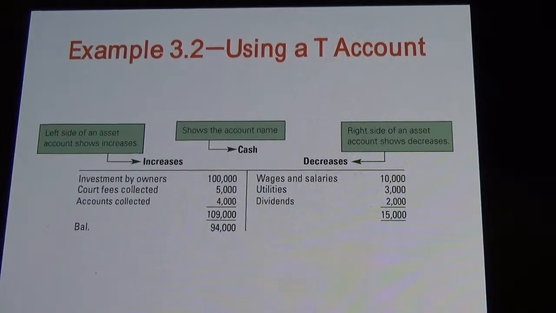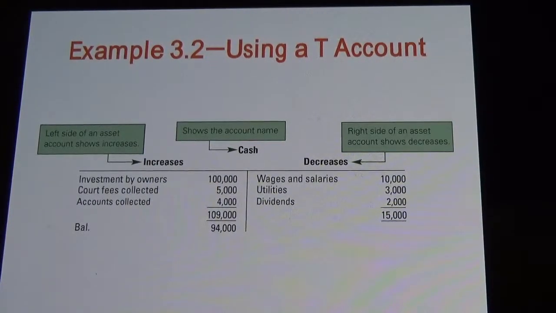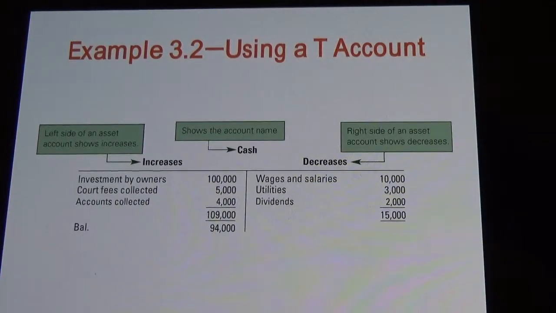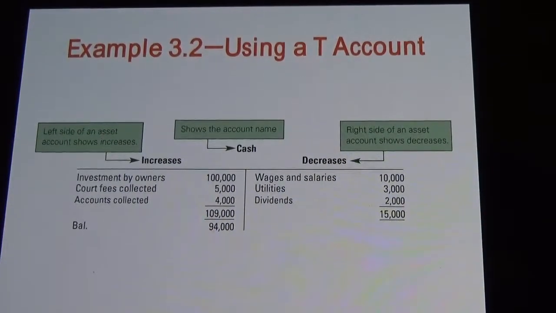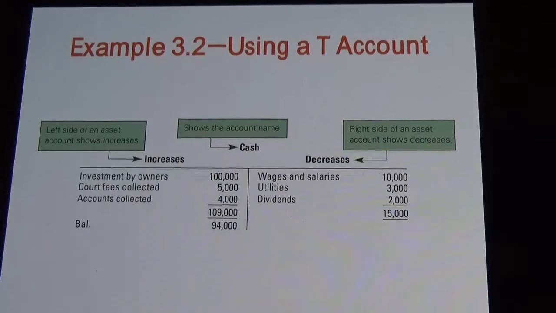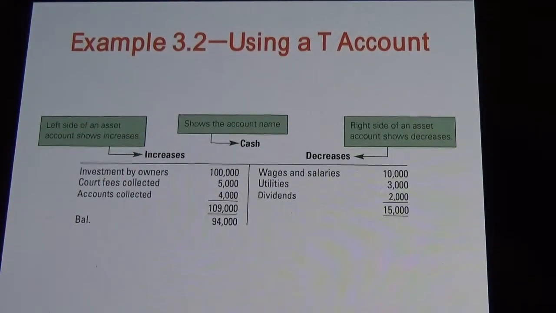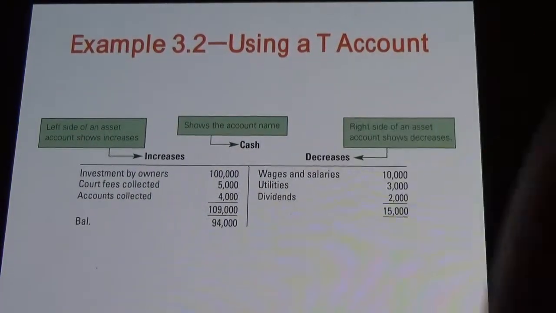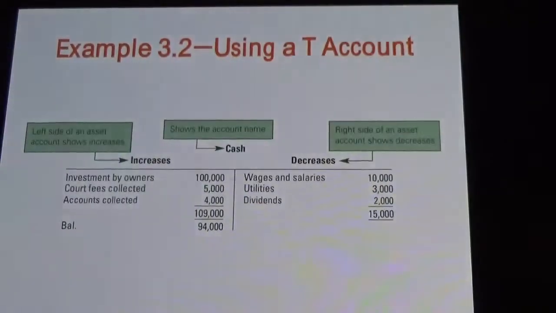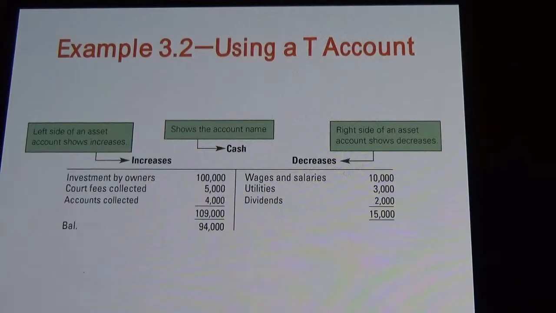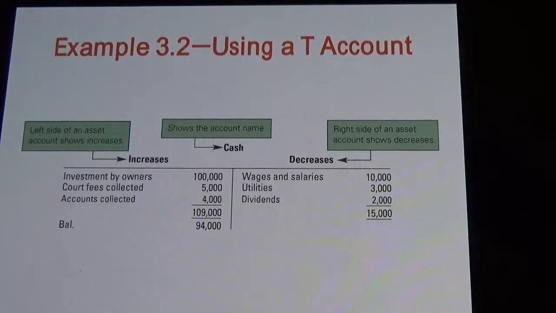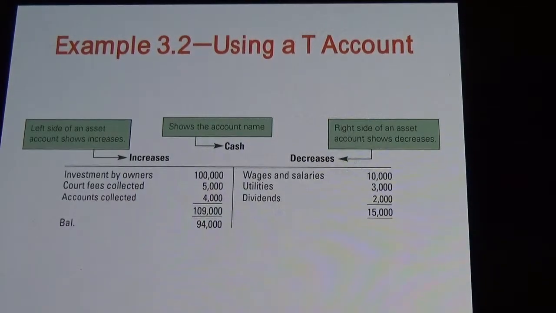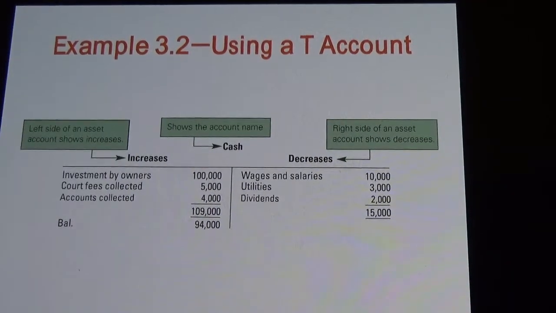For the cash account, because it's an asset, the left side of the cash account shows that it increases, and the right side of the cash account shows any decreases in the cash. So in this case, you can see the cash account increased by the $100,000 investment by the owners, the $5,000 that we received in court fees, and then the $4,000 that we collected from accounts receivable, if you think back to the example we went through at the beginning.